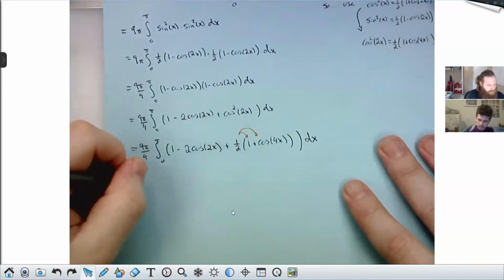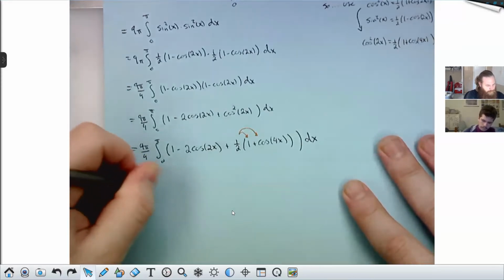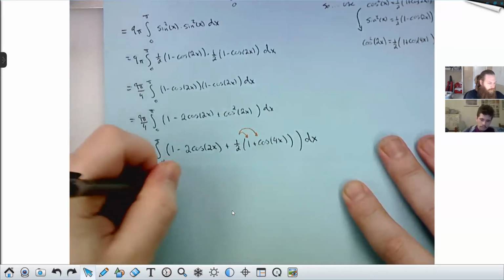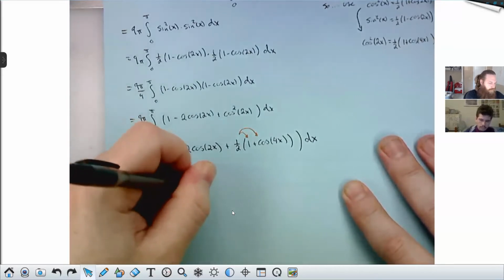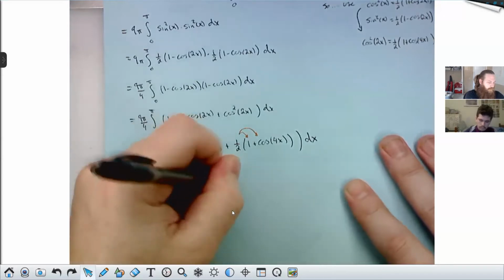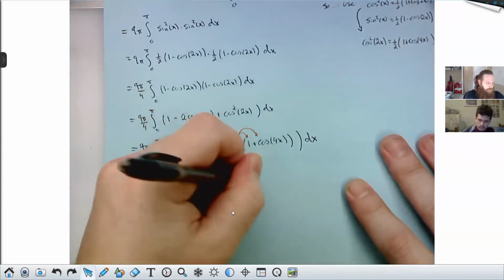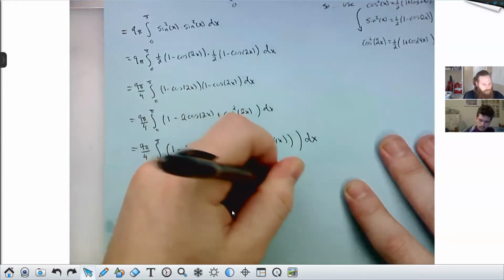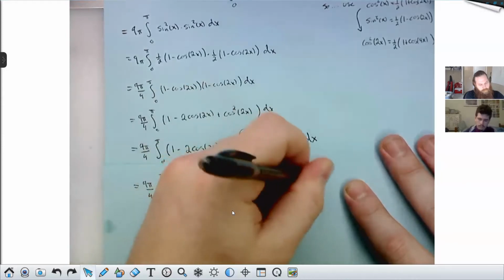We will get 9 pi over 4 integral 0 to pi, 1 minus 2 cosine of 2x plus 1/2 plus 1/2 cosine of 4x dx.